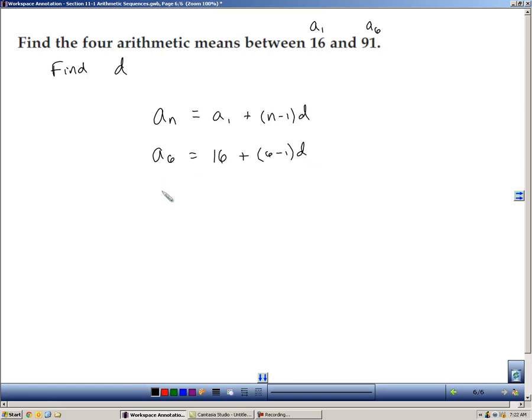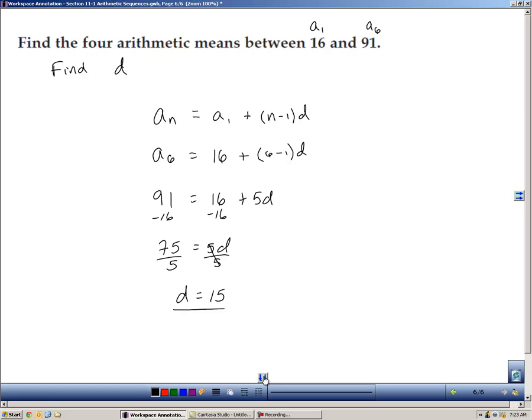Now further plugging this in, I know that a sub 6 is 91, so 91 equals 16 plus 5d, and now I'm just going to solve for the d. So we'll find out that d equals 15.